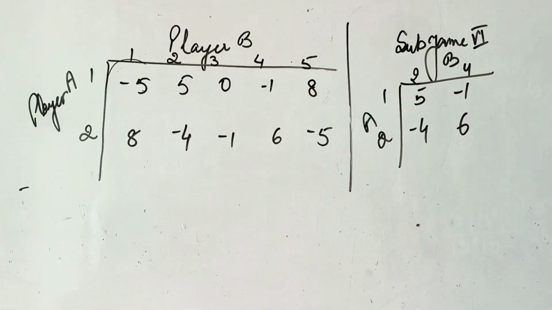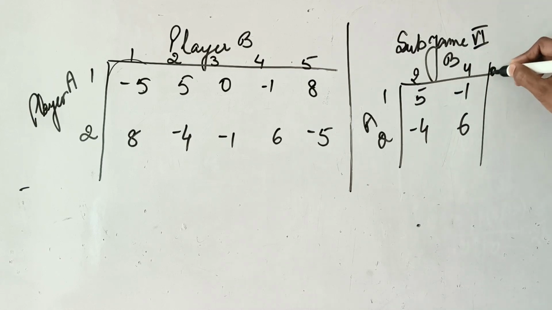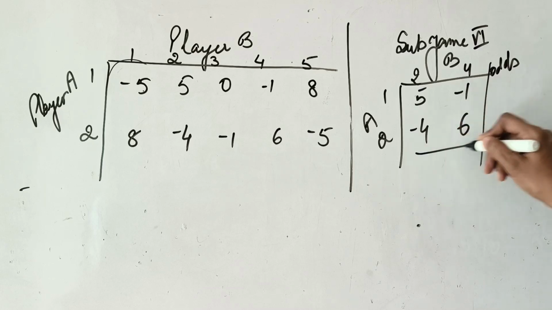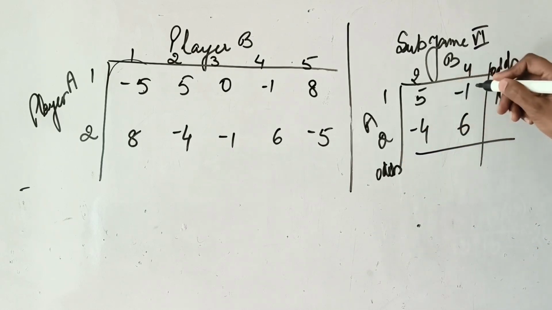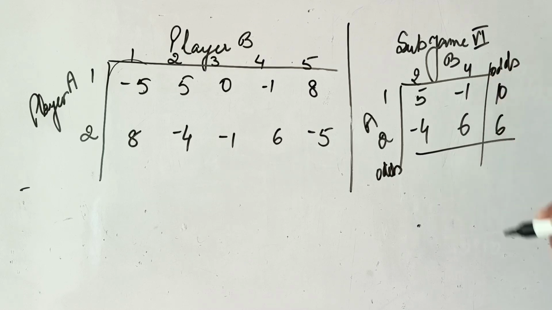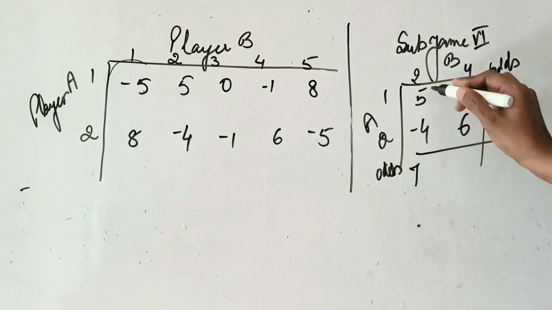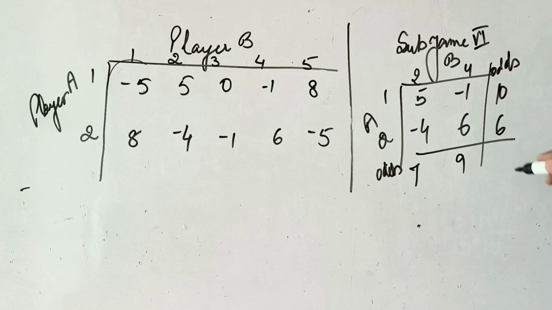Now let us check whether this game has a saddle point or not. No, it will not have a saddle point. So of course we have to solve it with the help of the odds method. So -4, -6, 10; 5 minus -1 will be 6; -1, -6, 7 and it will be 9. So the total comes out to be 16 on both sides.